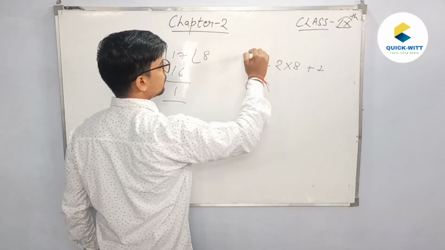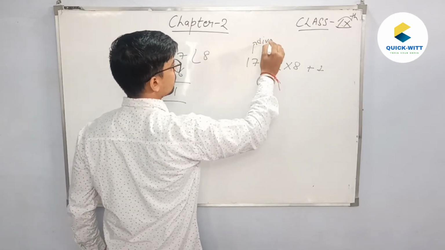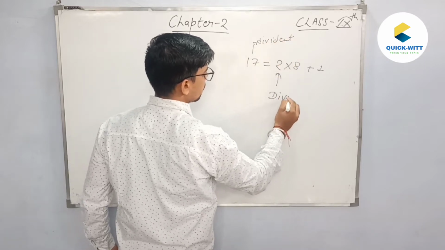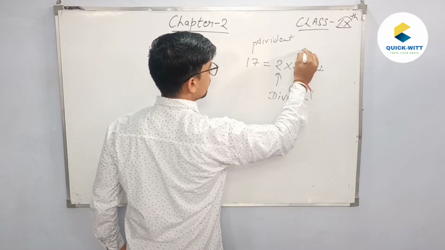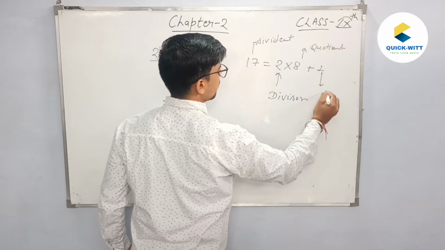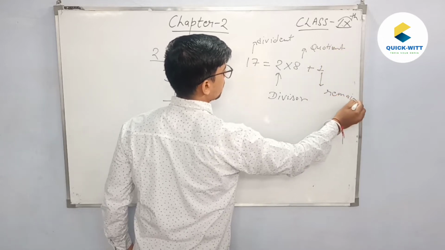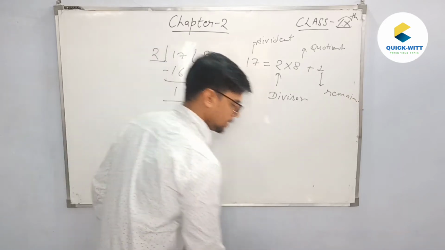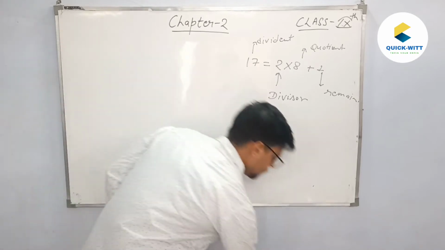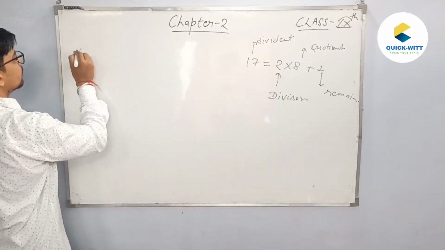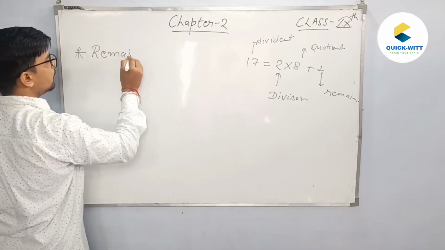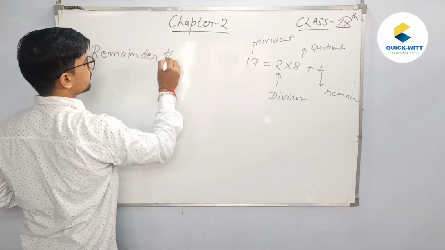Here 17 is dividend, 2 is divisor, 8 is quotient, and 1 is remainder. Okay, you understand? Now I will come to my topic, which is the remainder theorem.